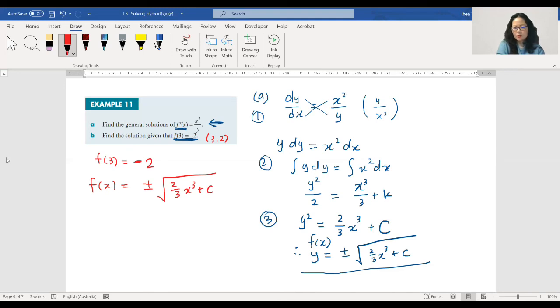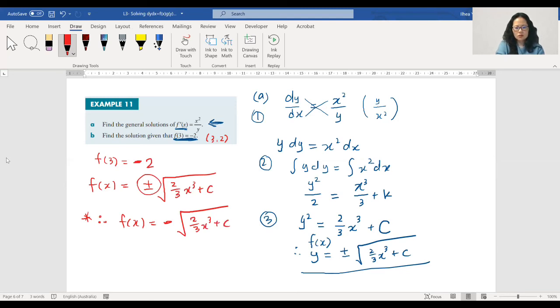Obviously, we need minus, but we can't really have minus with a square root unless we have minus in front here. So the only thing that satisfies is, therefore, f of x has to be negative the square root of 2 over 3x cubed plus c. That's the only thing satisfying the solution.